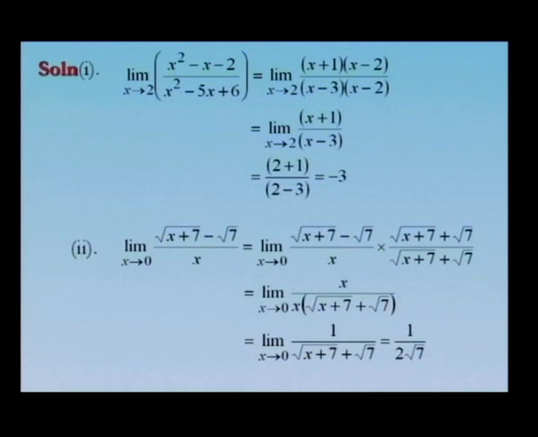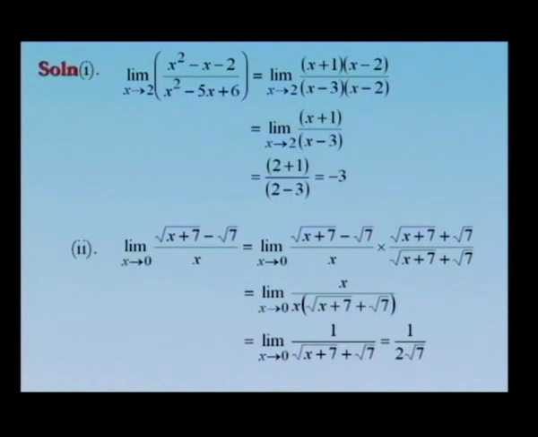So this limit can be written as limit x tends to 2, (x plus 1) into (x minus 2) upon (x minus 3) into (x minus 2). So x minus 2 cancels from numerator and denominator, and it remains limit x tends to 2, (x plus 1) upon (x minus 3).